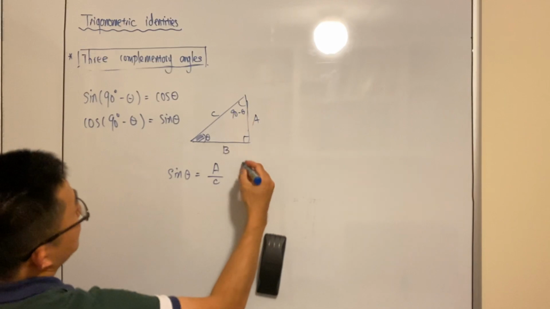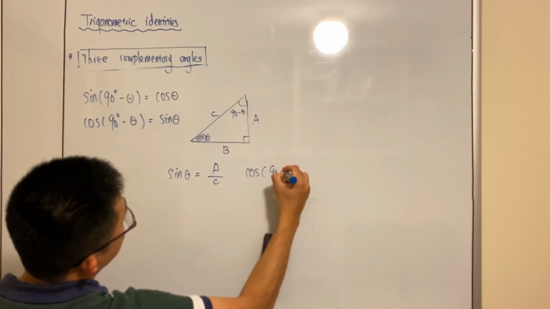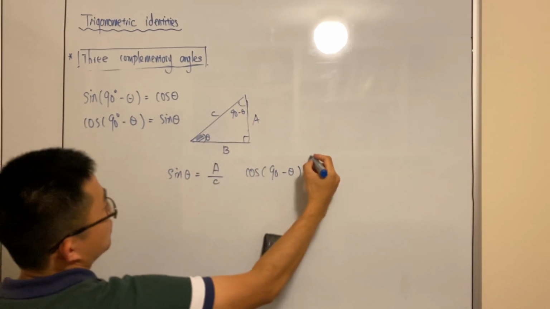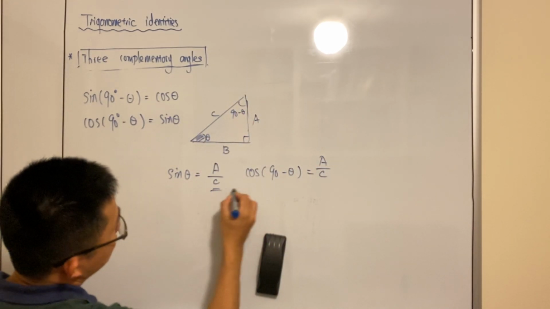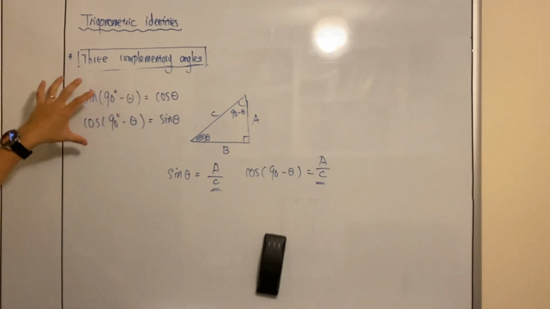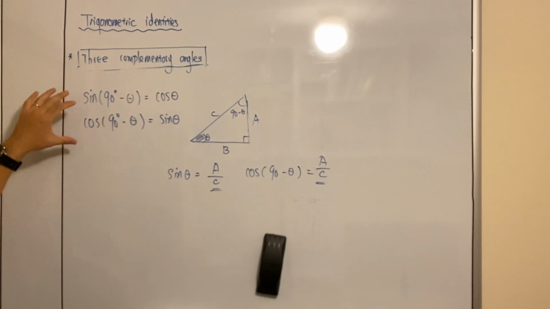Then we can work out cosine 90 degrees minus theta. Cosine is adjacent over hypotenuse, which is still A over C. So these two are equal to each other, and that's how you prove it. So sine and cos is one pair.